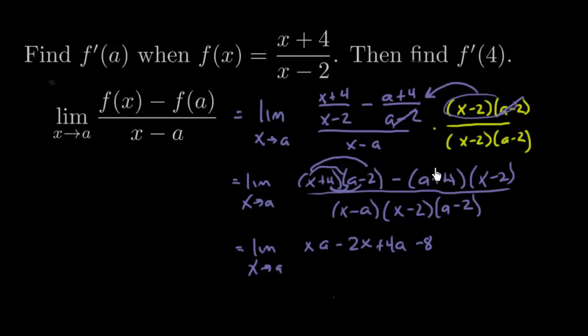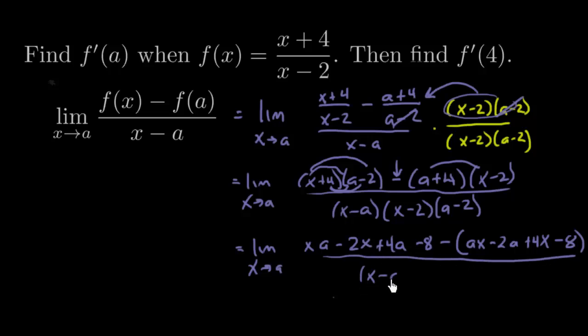And then over here, I'm going to have ax. Now I have this minus sign here, which means I'm going to leave it out here, and then I'm going to FOIL this and leave it in parentheses. So it's going to be ax, and then minus 2a plus 4x minus 8. Again, all over that same denominator.